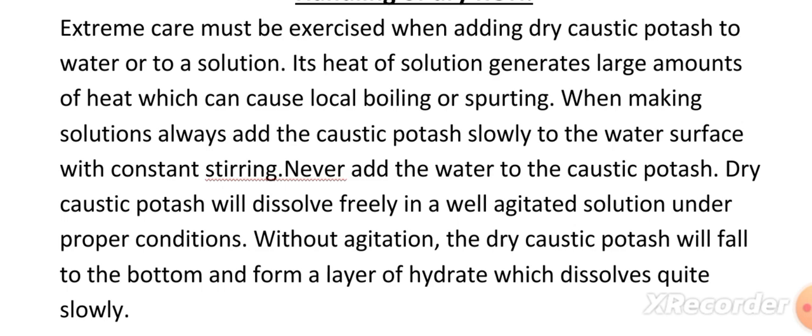Its heat of solution generates a large amount of heat, which can cause local boiling or spitting. When making a solution, always add caustic potash slowly to the water while stirring. Never add water to caustic potash directly. Dry caustic potash will dissolve freely in a well agitated solution under proper conditions. Without agitation, dry caustic potash will fall to the bottom and form a layer of hydrate which dissolves quite slowly.